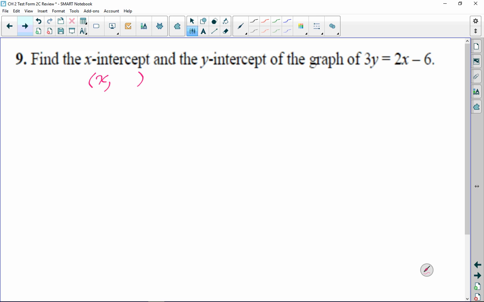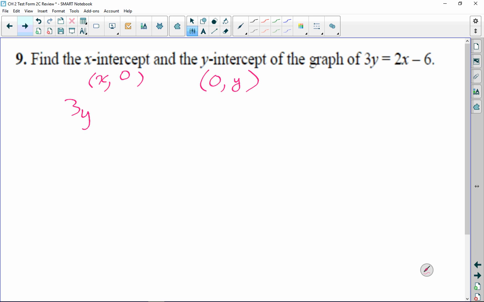Y is always going to be 0. If it's a y-intercept, x is always going to be 0. So now, can I use that to help me find either one of these two? I could, couldn't I? We're going to do the x-intercept first.